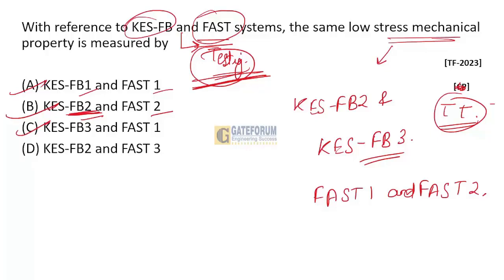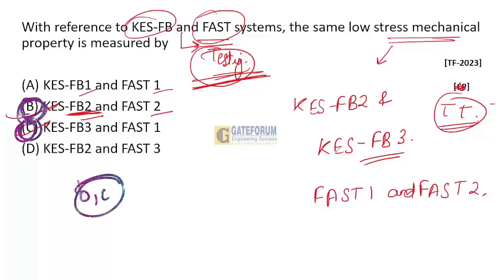I think you will have to remember this: option number B and option number C. So this is the right answer. This is the multiple type of question.